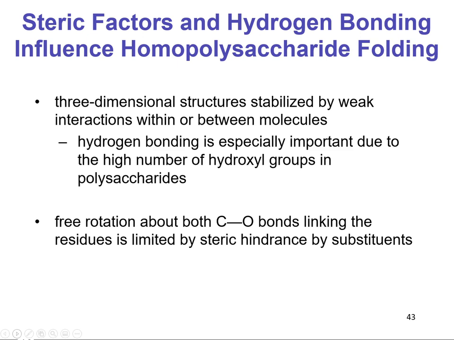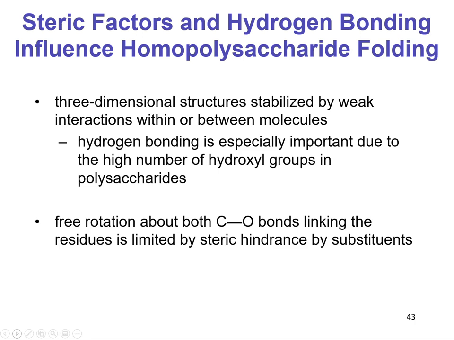So there are some factors that influence homopolysaccharide folding, but again, there is no template for it. These are just some guidelines for making sure that it folds in a similar pattern, right? So the 3D structure is stabilized by weak interactions. Where have we heard that before?